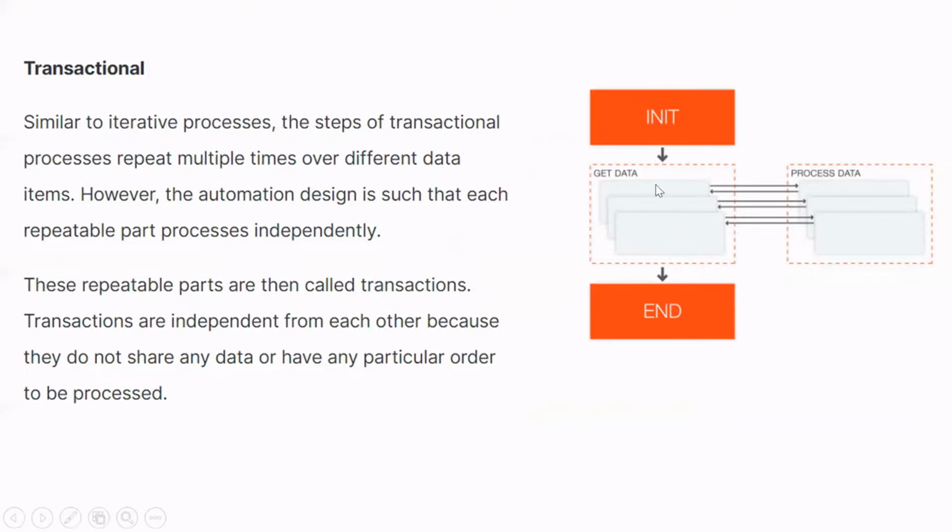But here get data and process data will happen repetitively. We will read only one record at a time and process that record. Then only will we jump to the second record, read it and process it. Processing data means we will enter that student record in the portal. Then only will it end.